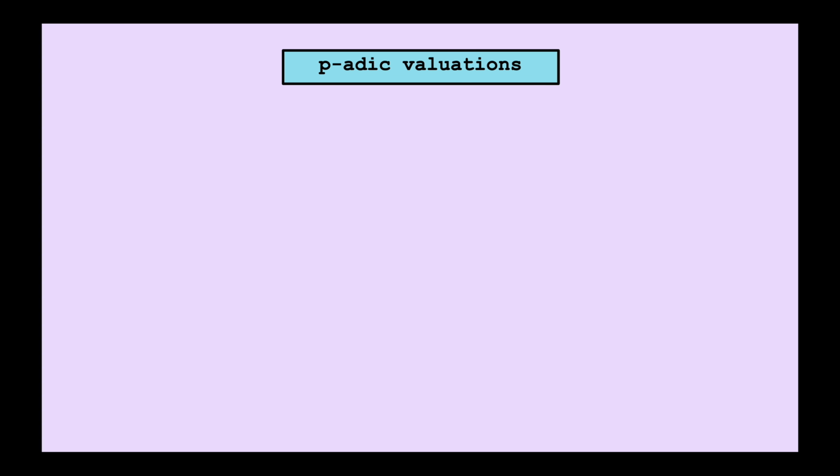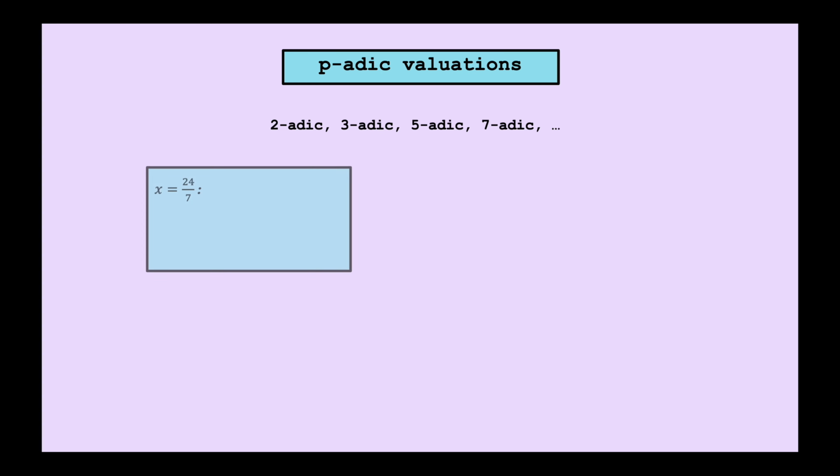Each p-adic valuation is based on a certain prime p, which we can choose. This means there are actually an infinite number of p-adic valuations. Then, say we have a rational number we wish to evaluate, such as 24/7. We can write, for example, the two-adic valuation of 24/7 as v sub 2 of 24/7.